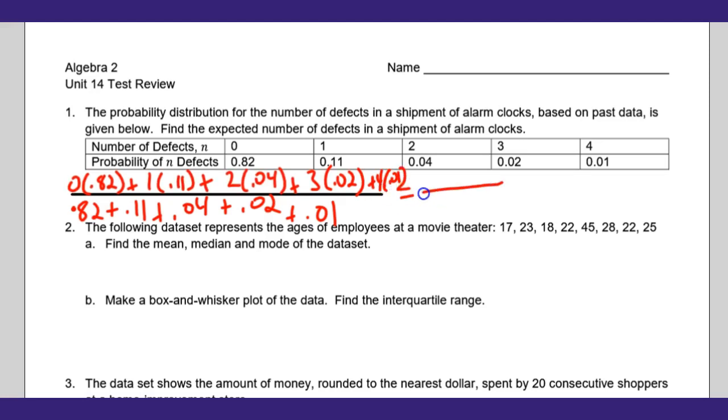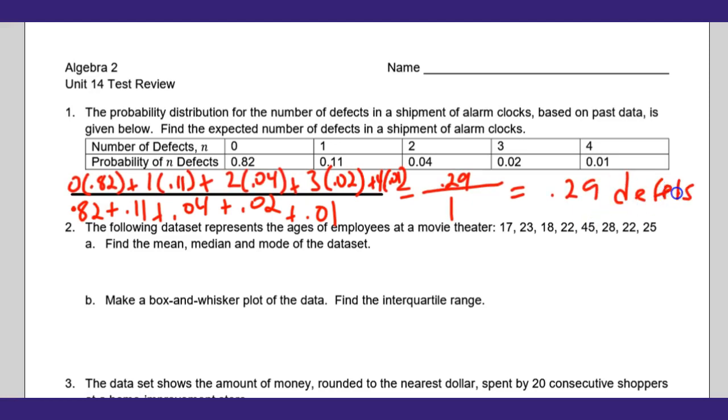When you do so, at the top you get 0.29, and at the bottom that needs to be 1. So when you simplify that, it's just 0.29 defects, or 29% defects.